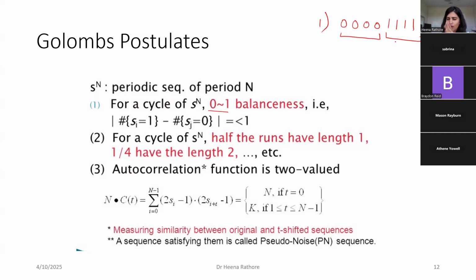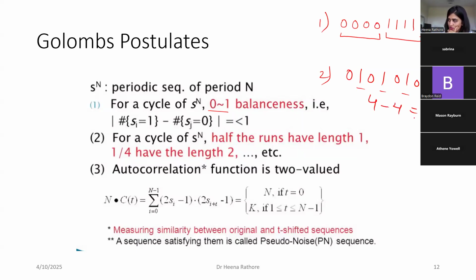And you will check the number of bits. Sorry, I'm wrong over here. So let's suppose I have 0, 1, 1, 0, 1, 0, 1, you will calculate the number of ones and the number of zeros. So here in this case, the number of ones is 4 and the number of zeros is also 4.